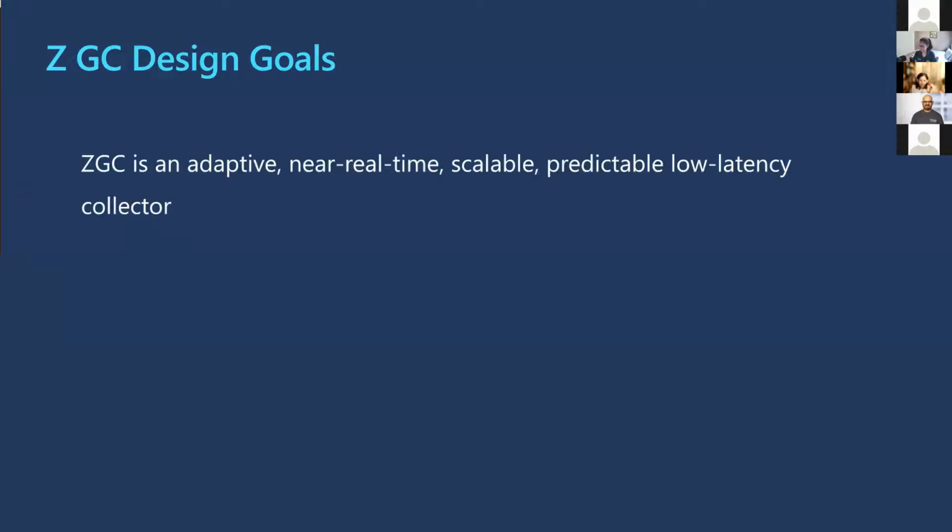So in ZGC's case, we want an adaptive, almost real-time, scalable, because we want terabytes of heap space, but predictable. So we want to be able to predict that our garbage collector will not take more than, like I said, 1 millisecond stop the world pauses. So for now, as of today, ZGC does guarantee sub-milliseconds.